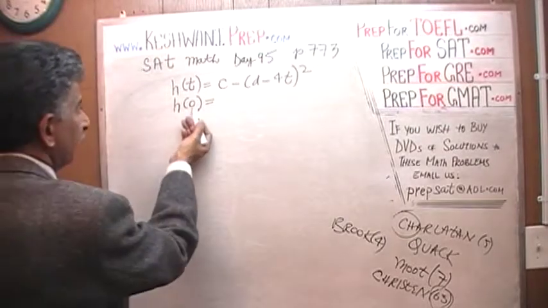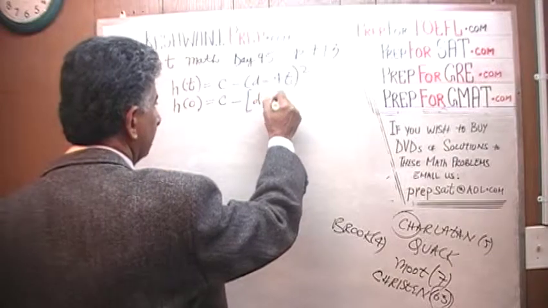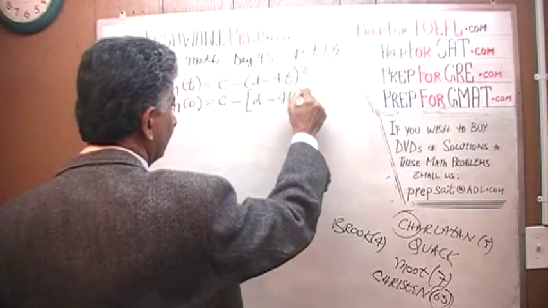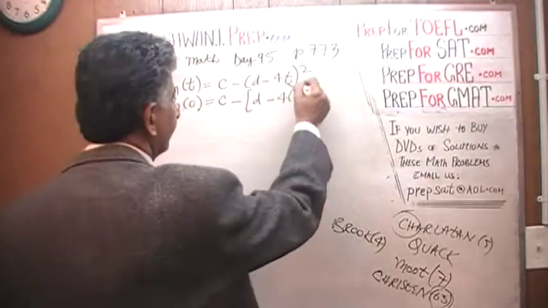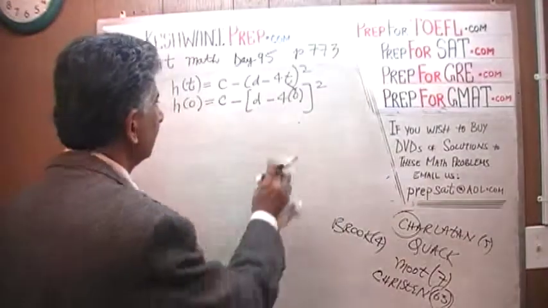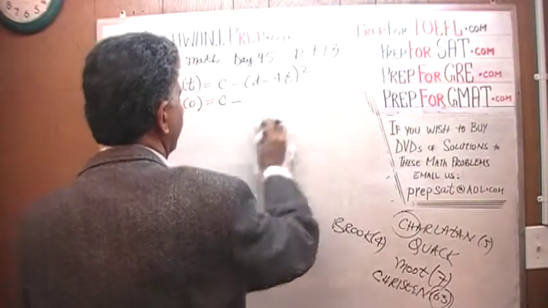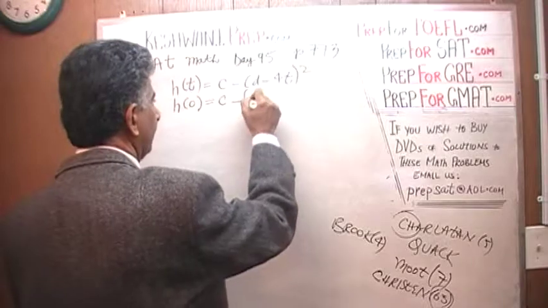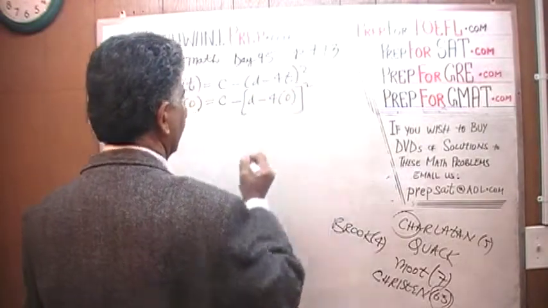So when t is equal to 0, we get c minus (d minus 4 times 0) squared. You subtract 0 for t. Now I should not have put that arrow there, because that's confusing. I'm going to rewrite it and line everything up properly. So we have c minus (d minus 4 times 0) squared.